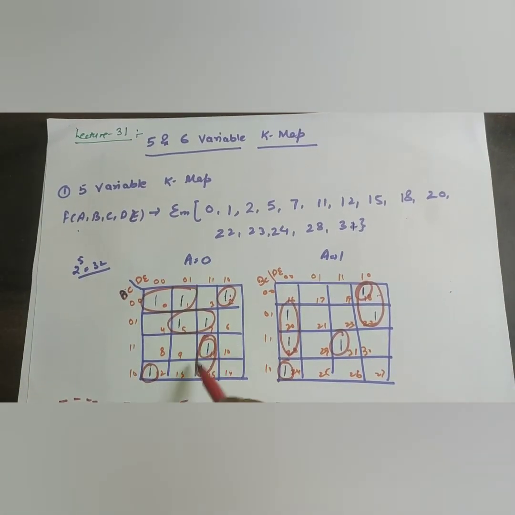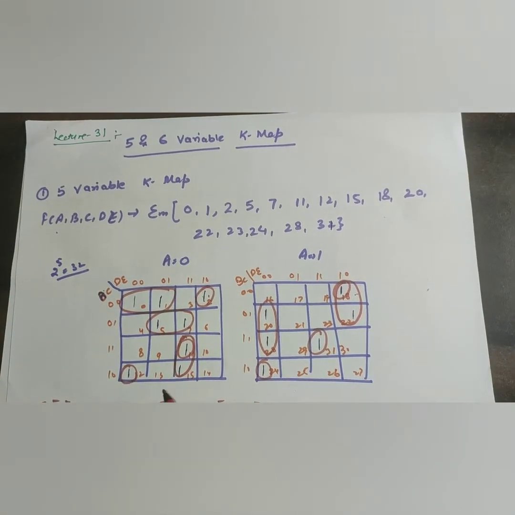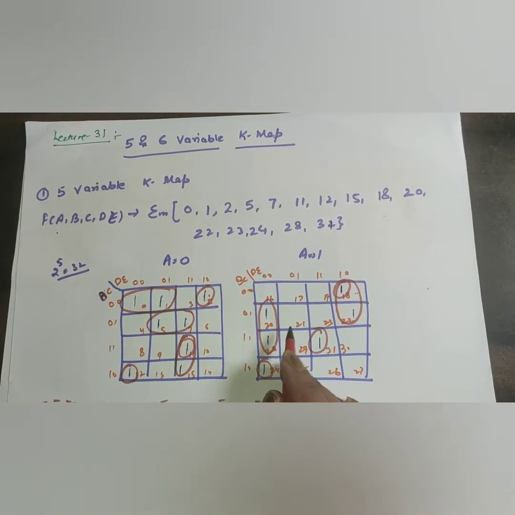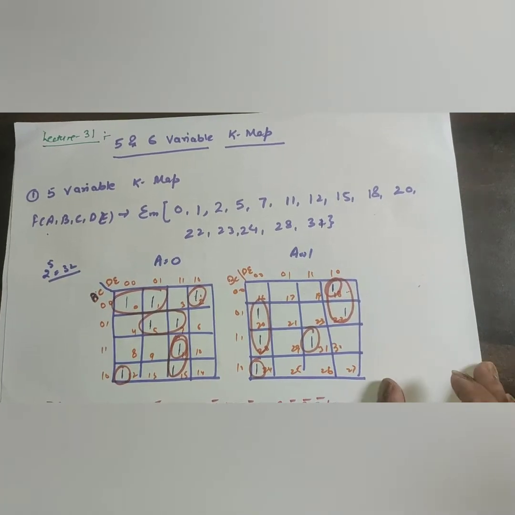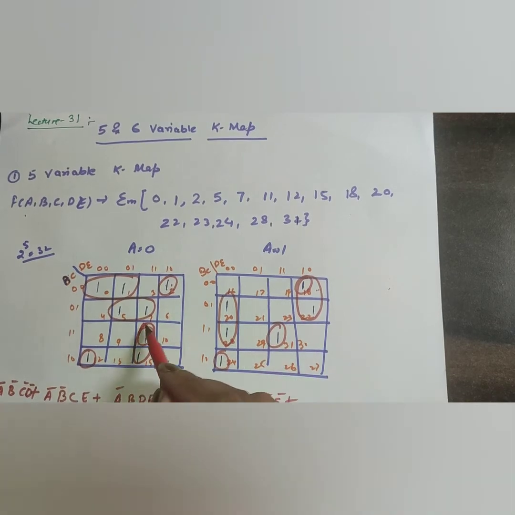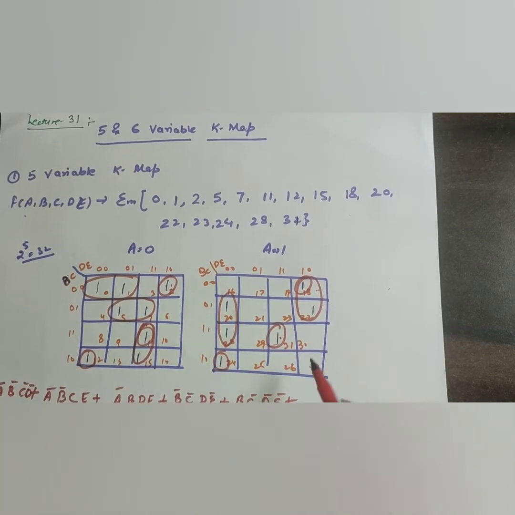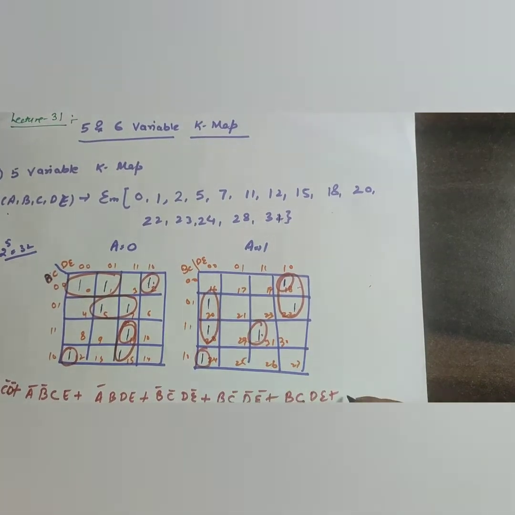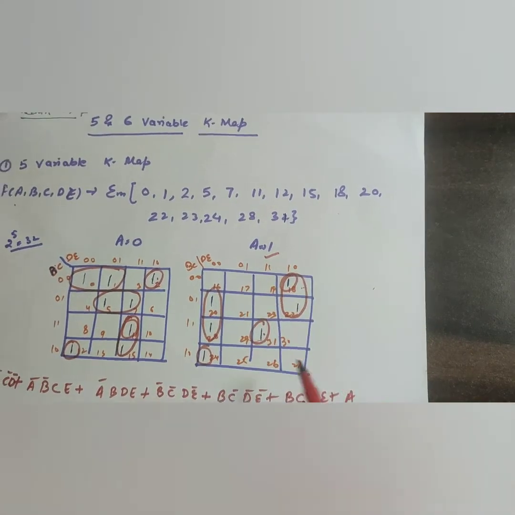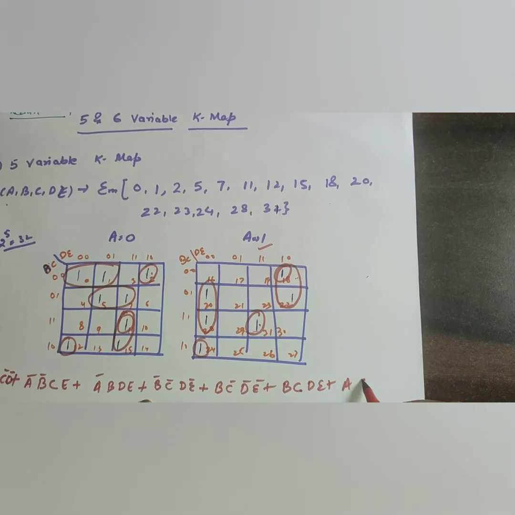Plus this one and this one. Now we will consider this: A is eliminated, only B, C bar, D bar, E bar. Plus now this one, because this is here, A is eliminated, B, C, D, E. Plus this will have A, because for this A is constant, and from here to here C, and here D bar, E bar.